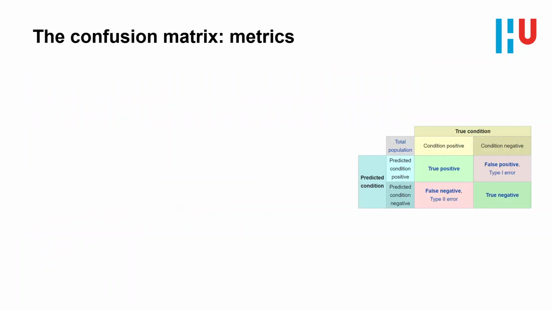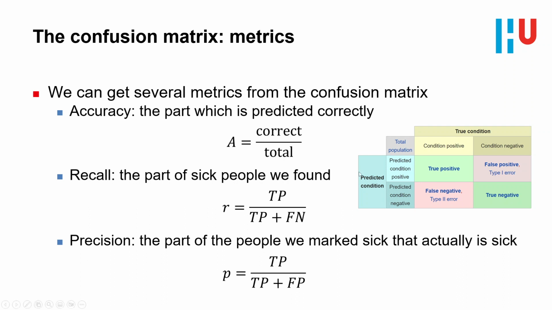So the confusion matrix, yeah, some more numbers. We can look at this, well, basically it's definitions. So we can look at the accuracy, and this is basically the part which is predicted correctly versus the total. So in the previous case we saw that I think like 99% of the predictions were correct, so the accuracy would be something like 99%.